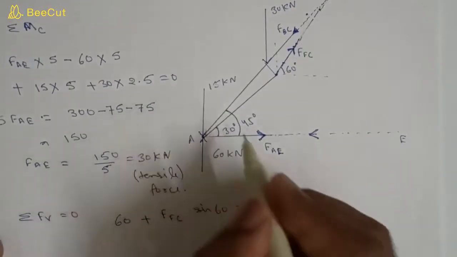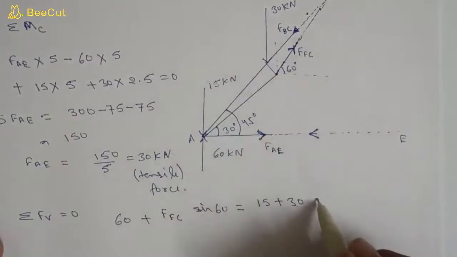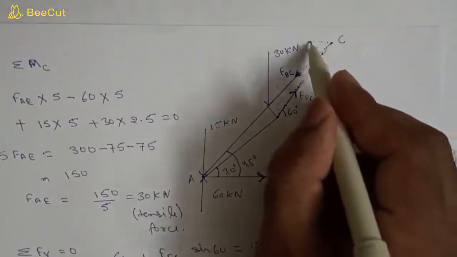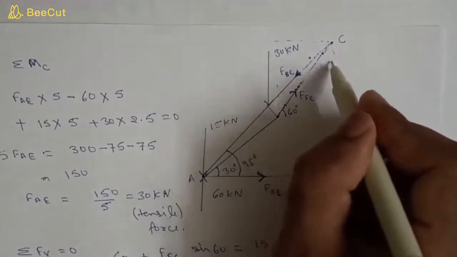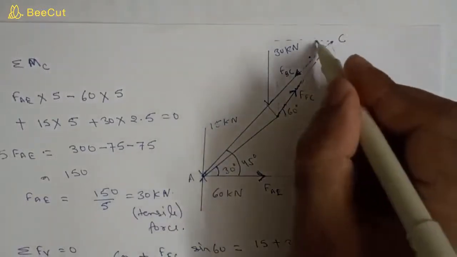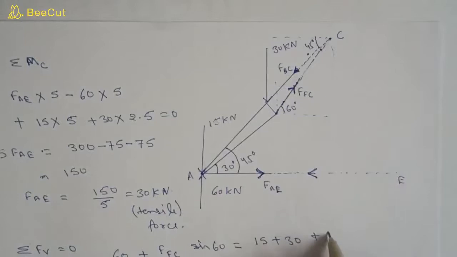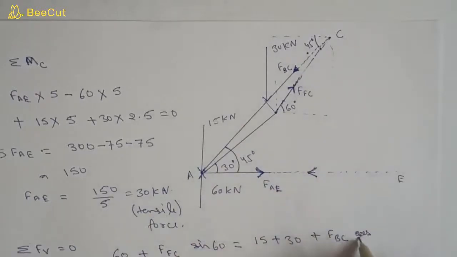The downward forces are 15 kilonewton plus 30 kilonewton plus the component of this. This angle was 45, so this angle should also be 45. So FBC into sine 45.